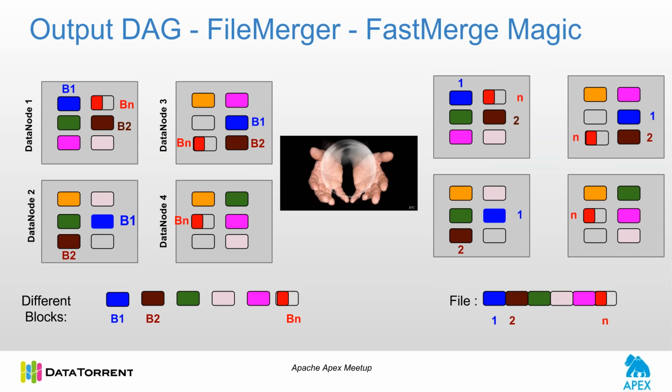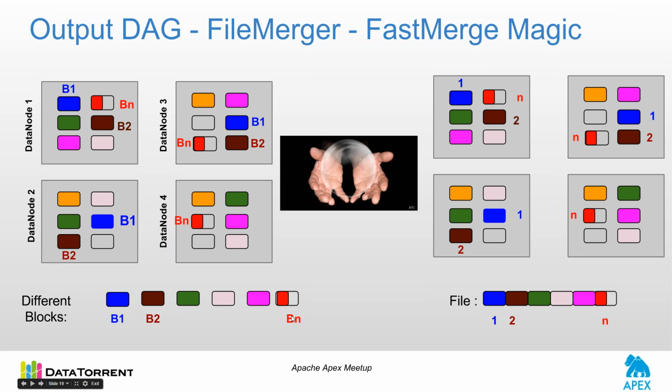So there is an API in HDFS that comes to your rescue here. Let's say you have these different blocks. This is B1, which has 3 replicas, B1, B1, B1 in blue color. There are 4 data nodes and you have these 3 replicas. Same with B2, B3 and up to Bn.